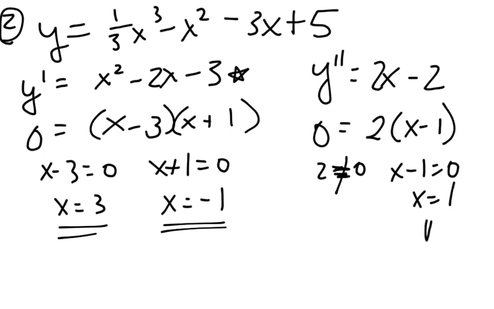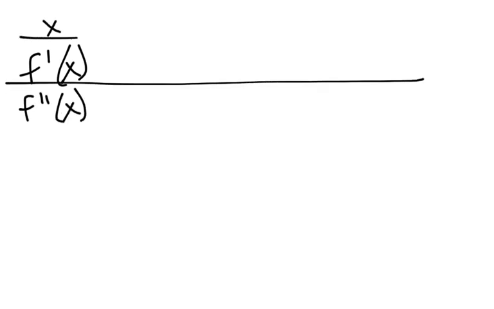So this is going to be the x-coordinate of the point of inflection. These are our critical values. All three of these values are going to go in our sign chart. So we'll have f prime of x, f double prime of x, and then the x values.